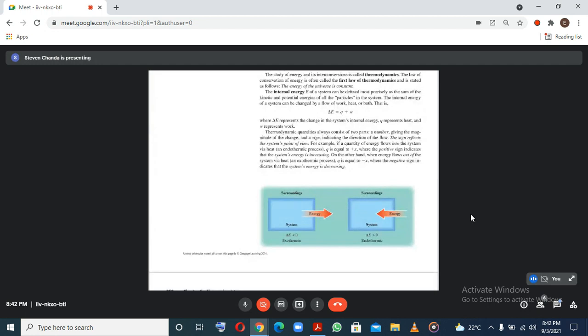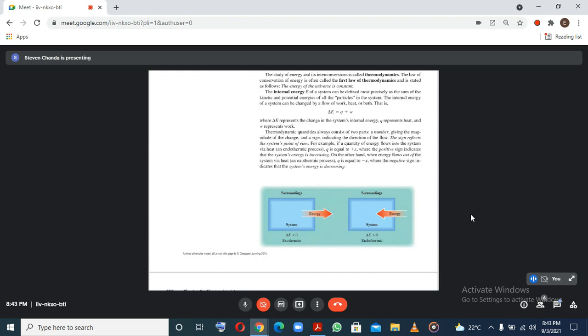The law of conservation of energy is often called the first law of thermodynamics and is stated as follows: the energy of the universe is constant. Why? Because energy just keeps changing forms. It is neither created nor destroyed. From the sun it comes down, it's used up, and again it goes up in some form, just like that.